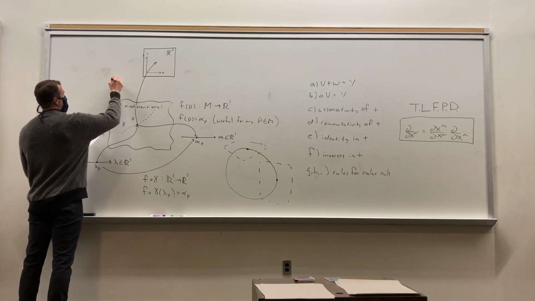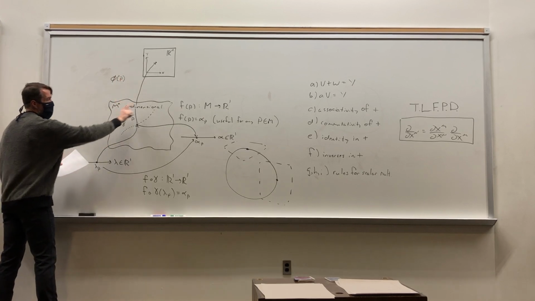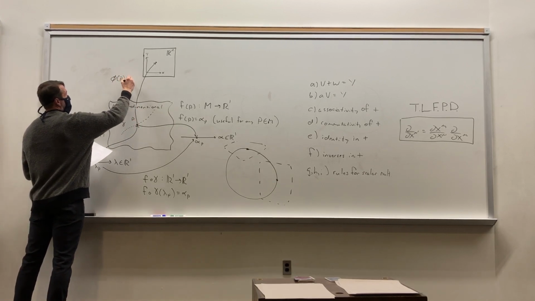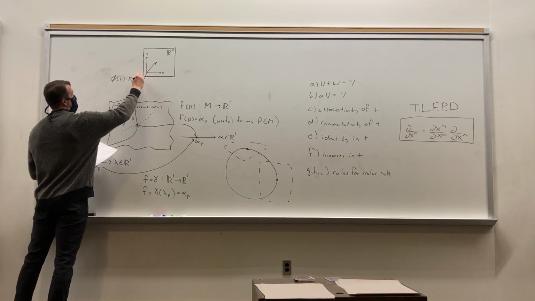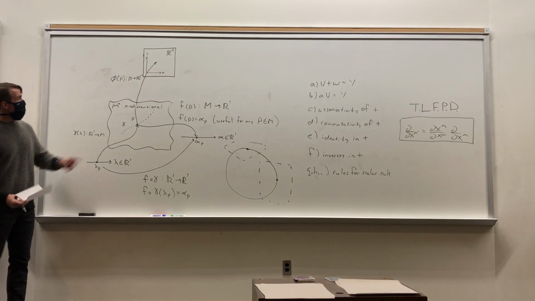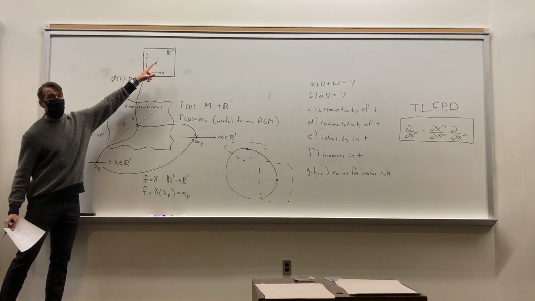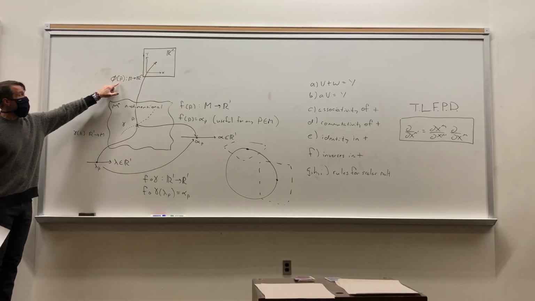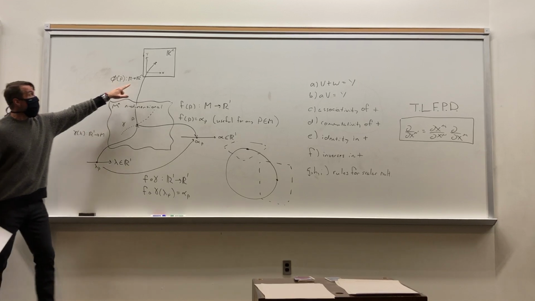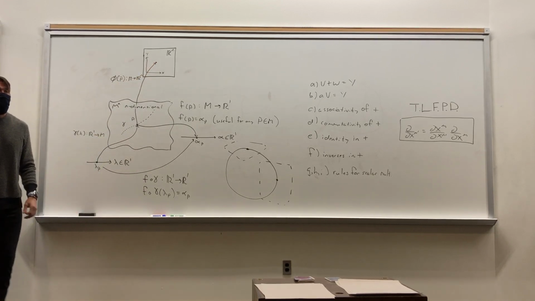And this map might be called phi, which takes arguments as points in the manifold, and it maps us from the manifold to Rn. So if I feed the map phi a point in the manifold, I get back a point in Rn. In particular, if I give it the point P, I'll get the associated point in Rn.